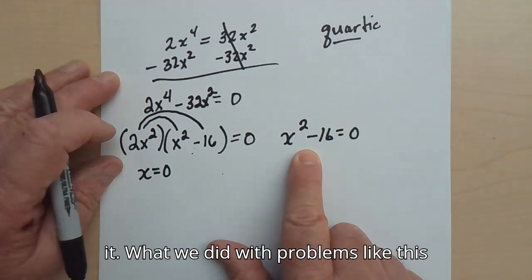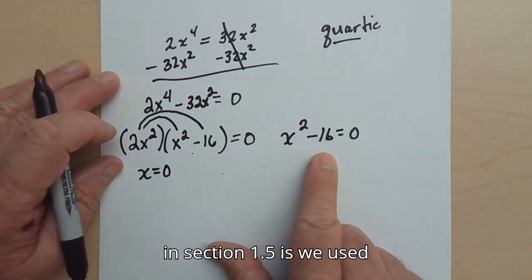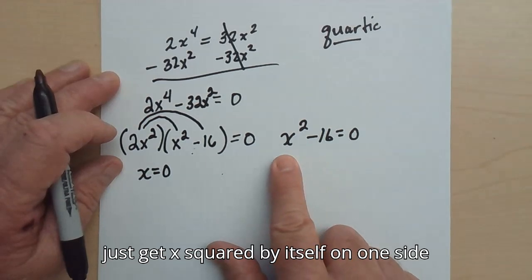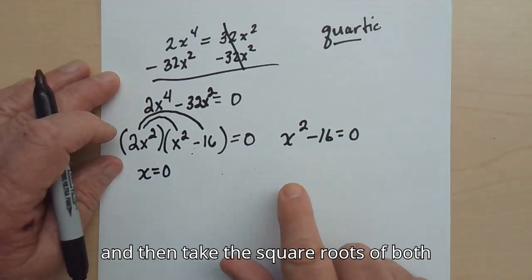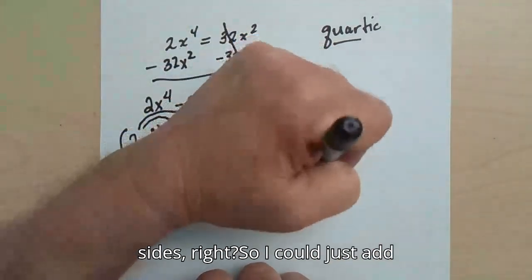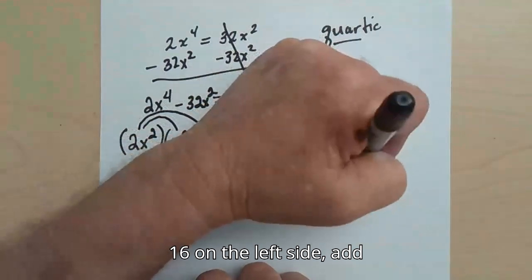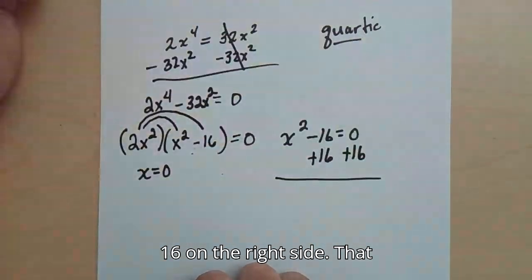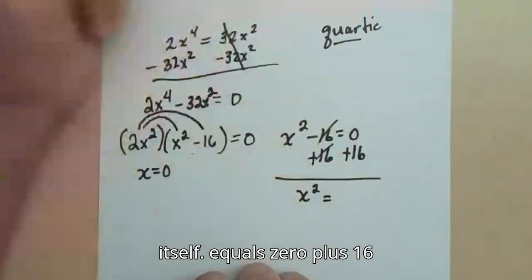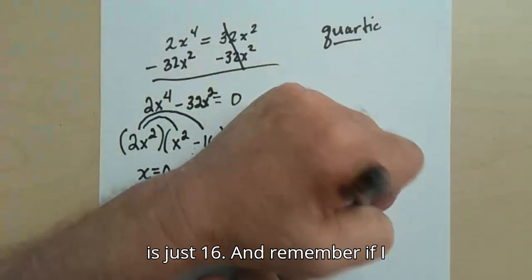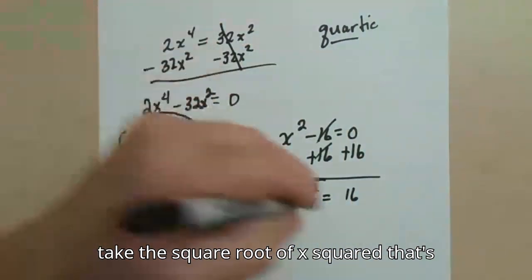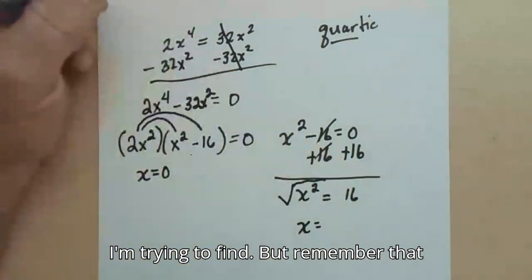What we did with problems like this in section 1.5 is we used that square root property where we just get x squared by itself on one side and then take the square roots of both sides, right? So I could just add 16 on the left side, add 16 on the right side. That gives me x squared by itself equals 0 plus 16, which is just 16. And remember, if I take the square root of x squared, that's just going to give me x, which is what I'm trying to find.